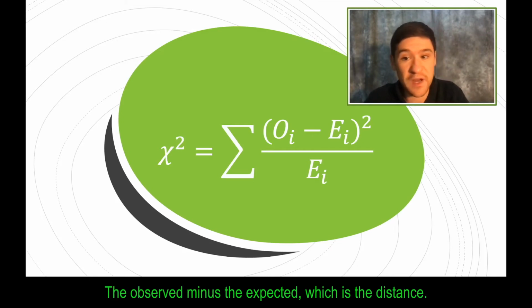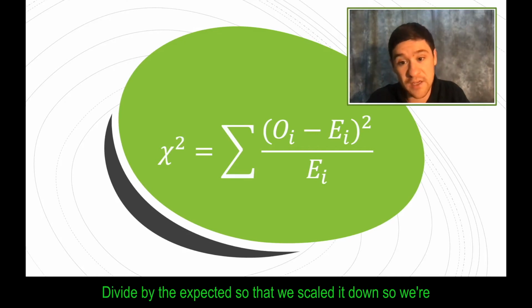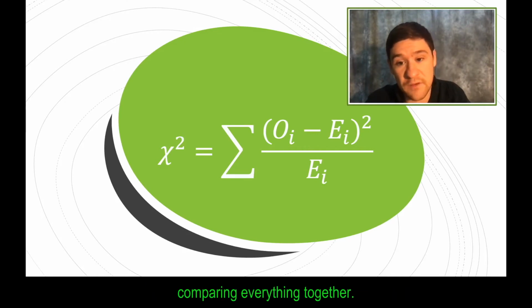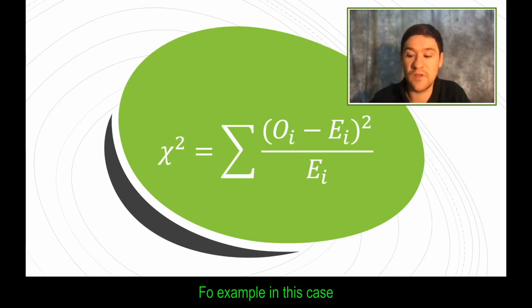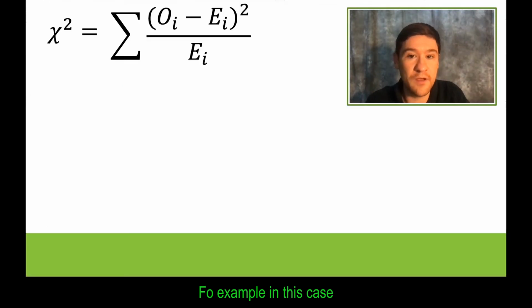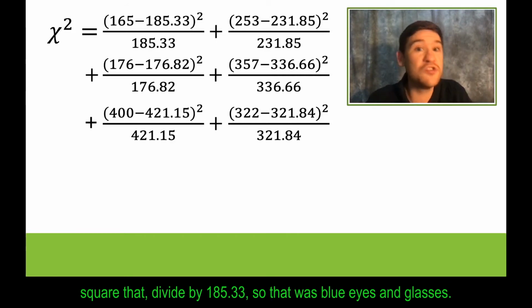So the observed minus the expected, which is the distance, square it, don't care about the direction, divide by the expected so that we scaled it down so we're comparing everything together, and then sum all those up for every cell in that table. For example, in this case, we would have the first cell, 165, minus what we expected, 185.33, squared, divided by 185.33.